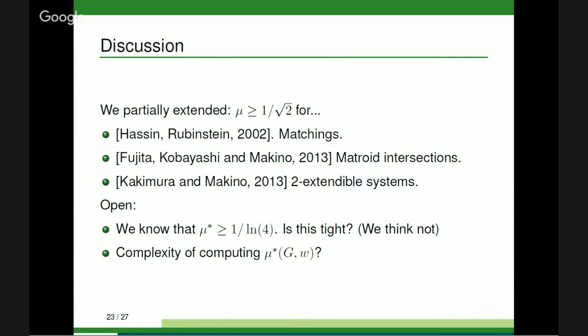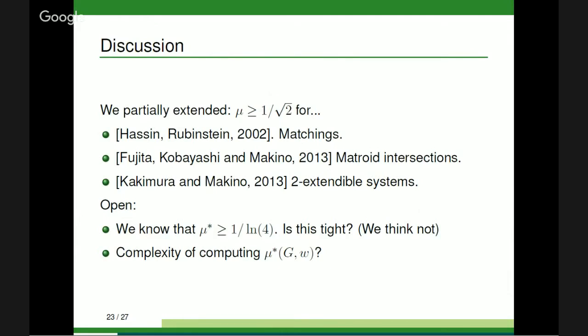So what's open? We know that the robustness of a graph is at least 1 over ln of 4. But we don't think this is tight. We actually think that the worst example is this 3-edge graph. So we think that the right answer should be mu star is at least the average between 1 and 1 over square root of 2, but we haven't been able to show that. So that's open.